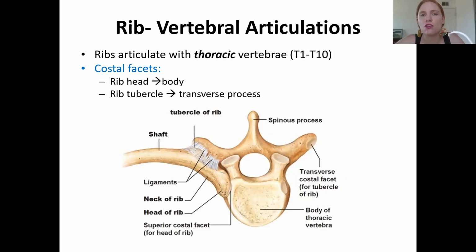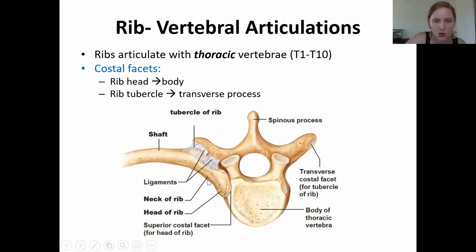So remember that the rib cage is only in the thoracic region, so it's going to articulate specifically with a thoracic vertebrae. And here, remember, this is the transverse process. This is the body of the vertebrae. And so the way that they would connect is that the head of the rib, which would be this part right here, is going to articulate with the body, and the tubercle, which is that little rough bump coming off nearby the head, is going to articulate with the transverse process right there.